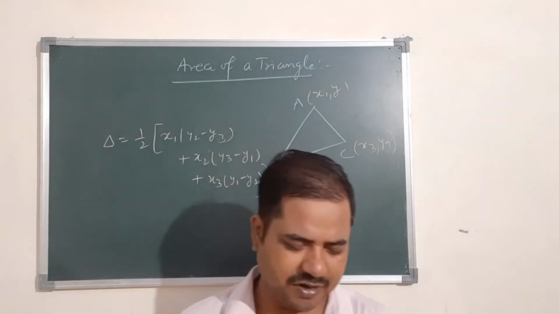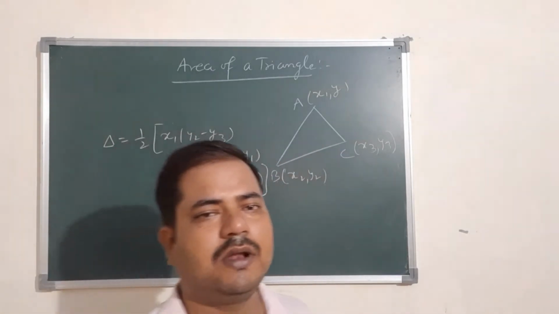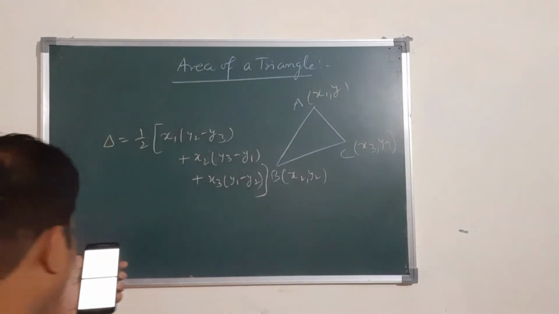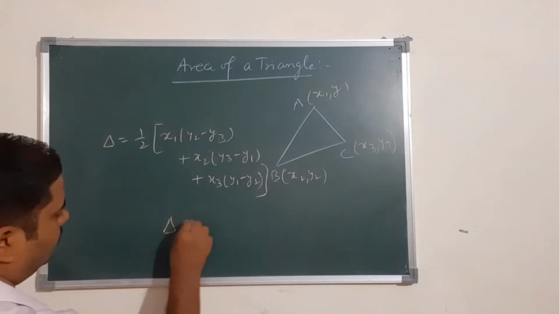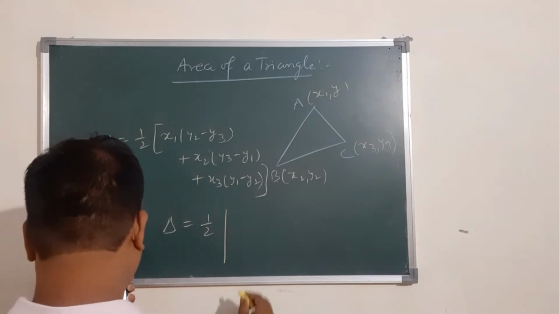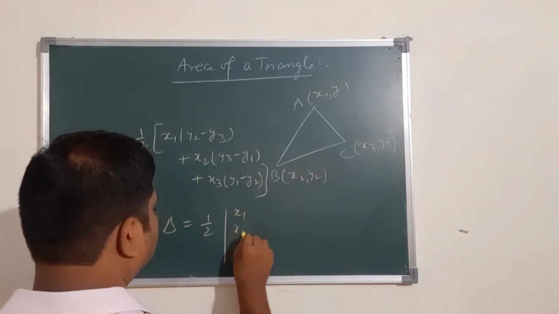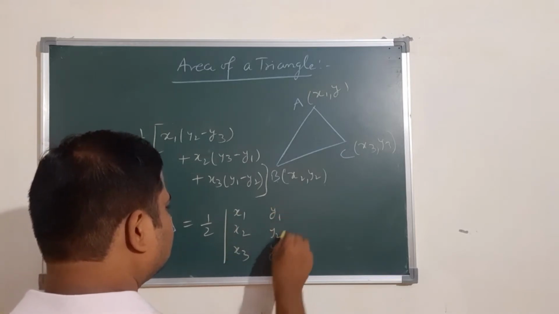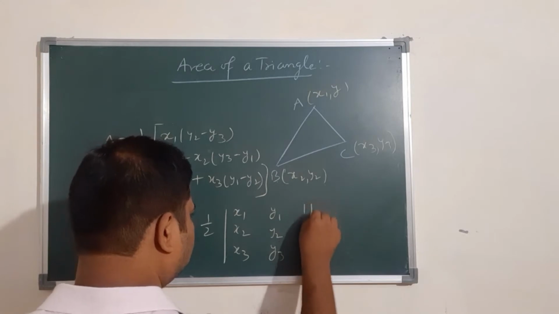So in this chapter we have to represent this particular area in determinant form. Then we will get delta = 1/2 times the determinant with rows x1, y1, 1; x2, y2, 1; x3, y3, 1.